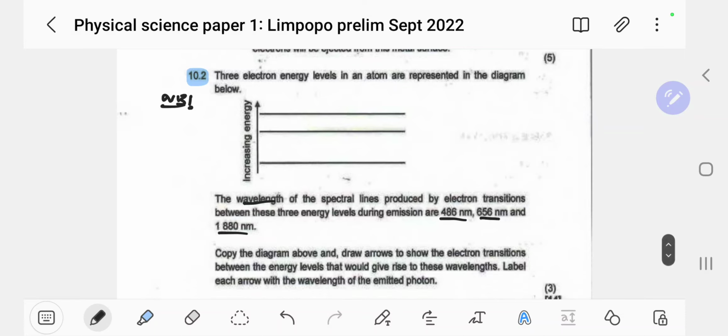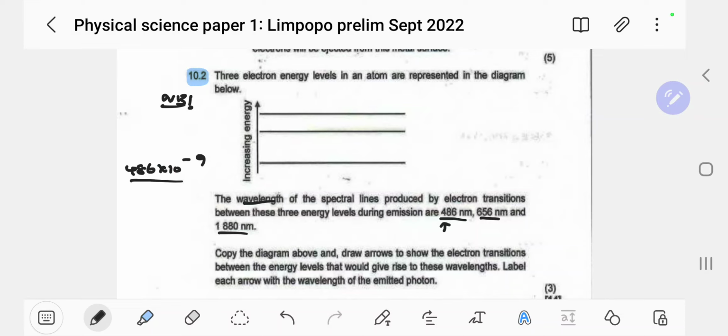Because now we always think of the bigger one. Remember nanometers is going to be, say, 486 times 10 to the minus 9. So this one is the smallest wavelength, this is intermediate, this is the bigger wavelength.